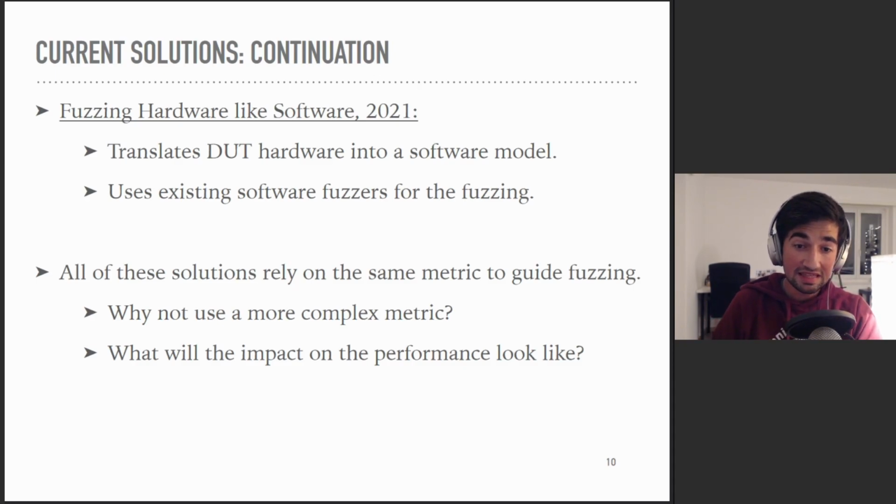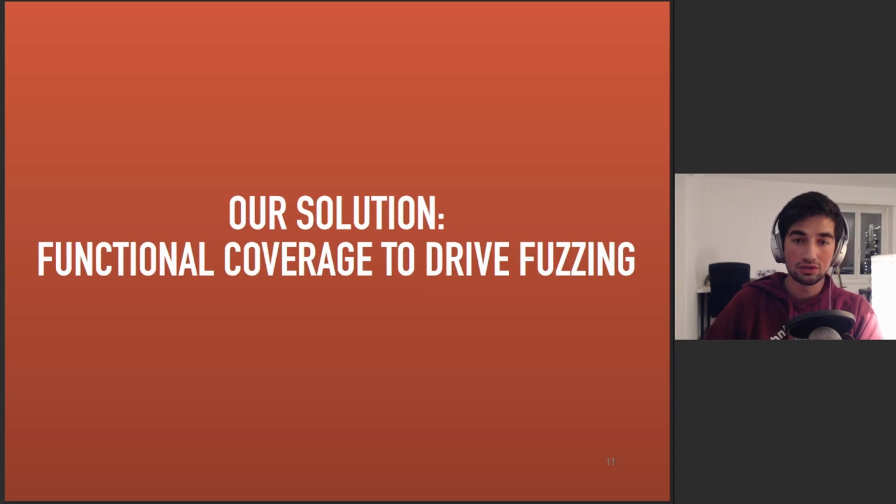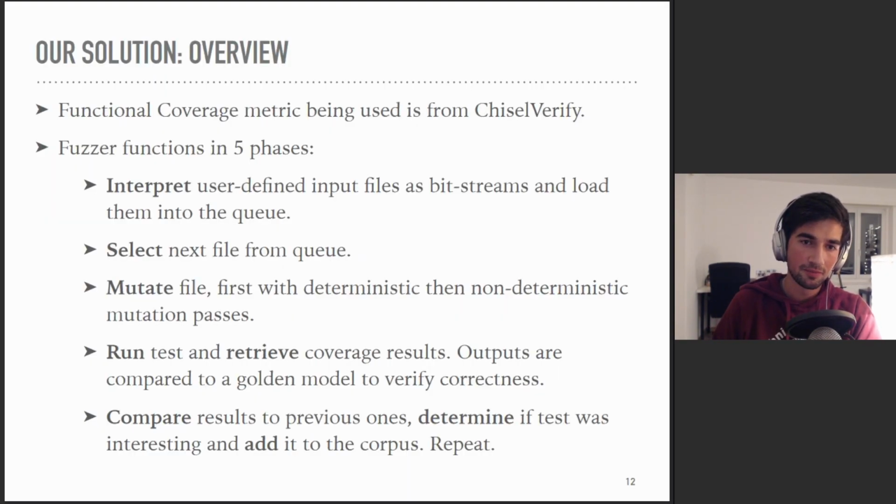However, we think that the performance impact of using a complex metric can be recuperated by a faster converging fuzzer, meaning a fuzzer that converges in less iterations. So now let's move on to our solution, which is to create a fuzzer made specifically for Chisel designs, which uses functional coverage as a driving metric.